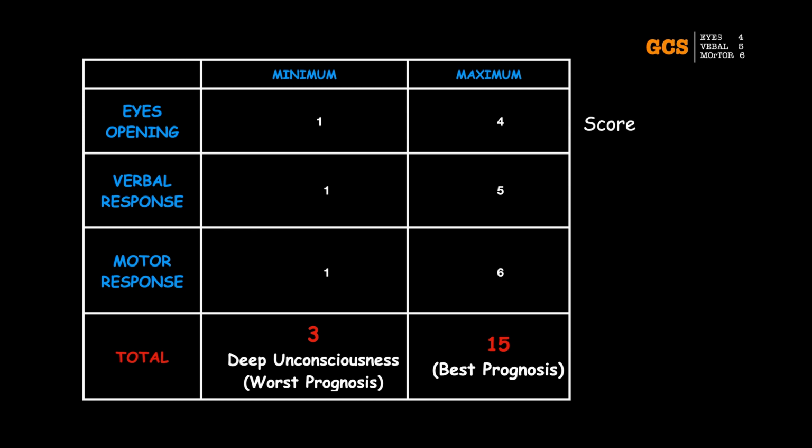Now, a score of 8 or above has a good chance of recovery, and a score between 3 and 5 is potentially fatal, especially if it is accompanied by fixed pupils or absence of oculovestibular responses in these patients.